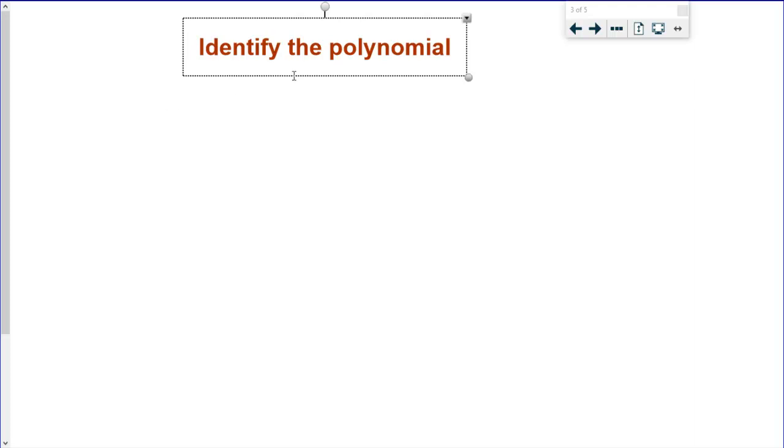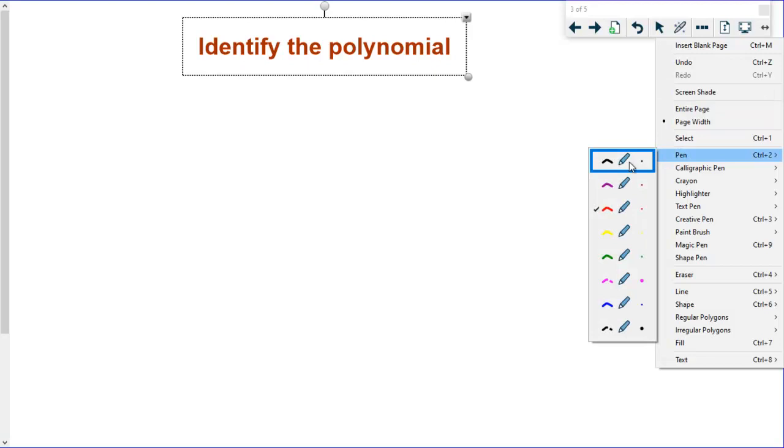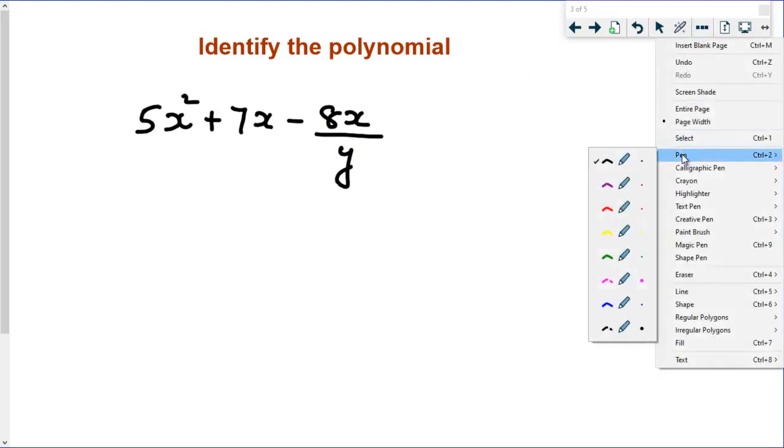Now we want to identify a polynomial. For identifying a polynomial, we can write an algebraic expression, that is 5x square plus 7x minus 8x divided by y. Now we want to check whether the given expression is a polynomial or not.